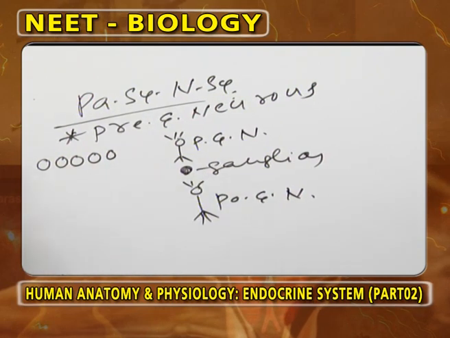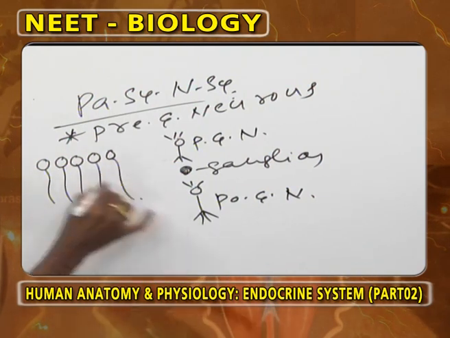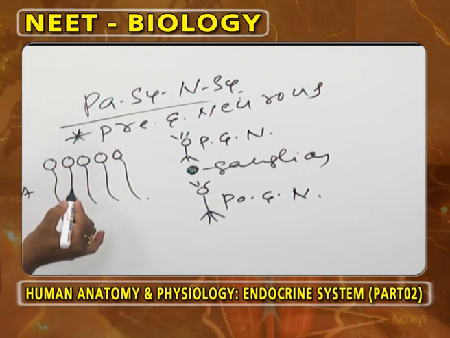That means in the parasympathetic nervous system, the preganglionic neurons are present in front of the ganglion. These are the axons of preganglionic neurons.